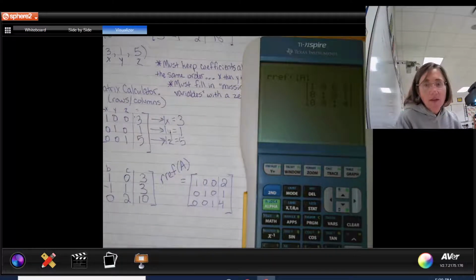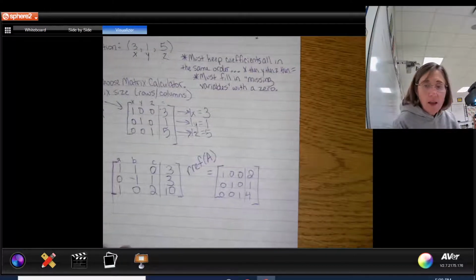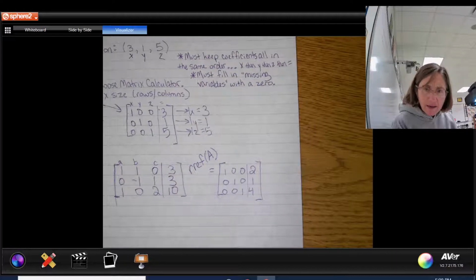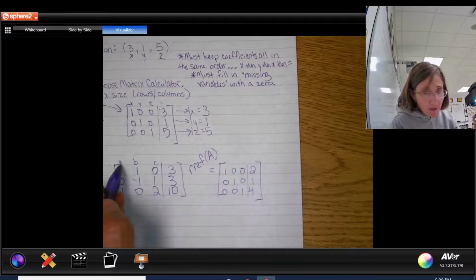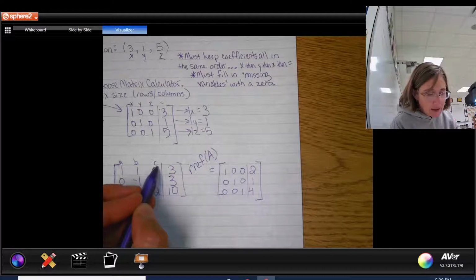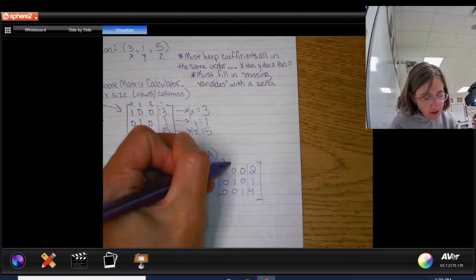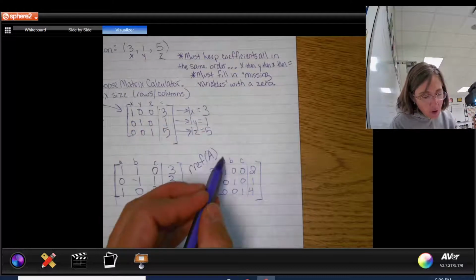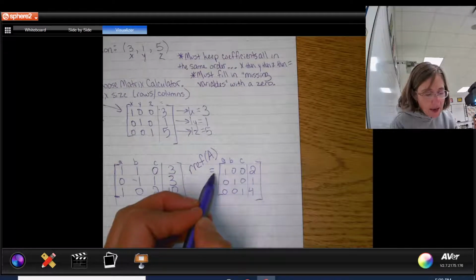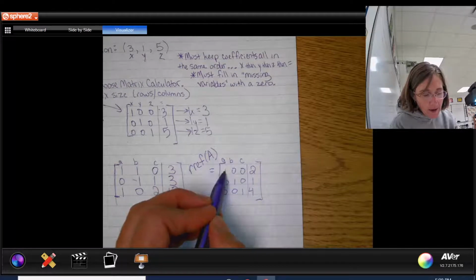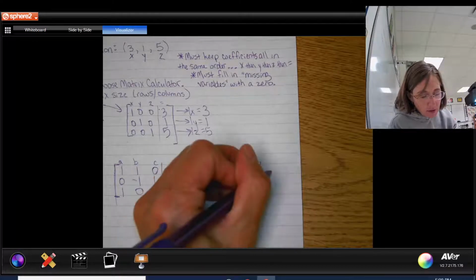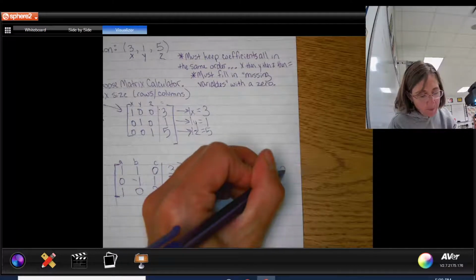I like to see the equals sign, so I'm going to put that in there. So what does this mean? Well, remember what our variables were in this one, A and B and C. So I'm going to label those up top here so I can remember. So this first row is saying I have 1A. No B's, no C's. I just have 1A, and that equals 2. So this is saying A equals 2.